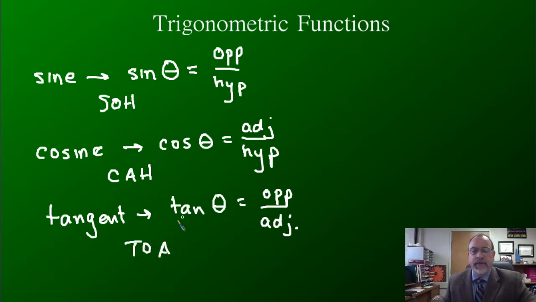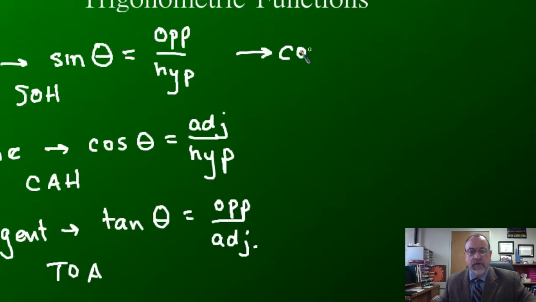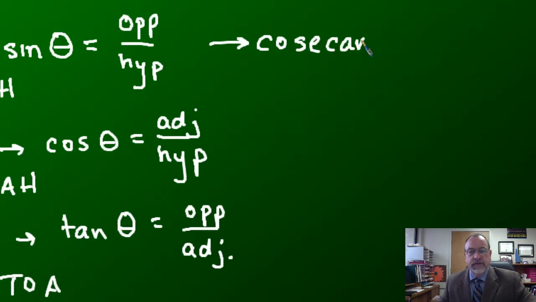That helps you remember. Now, there are 3 additional functions, and they're reciprocals of these. And if you make the connection between them, it's a little bit easier to recognize. So, the reciprocal of the sine function is what we call the cosecant function, spelled cosecant. Its abbreviation is csc.